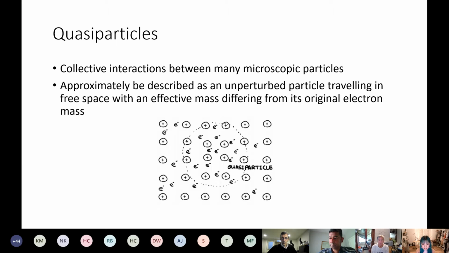So collectively, they have to correlate each other's movement and move together in a collective way. This collective excitation is called a quasiparticle. It is not a fundamental particle, but as a whole it is called a quasiparticle.